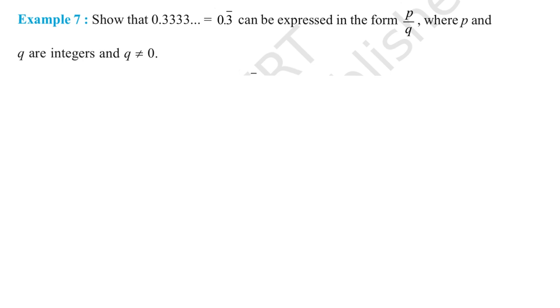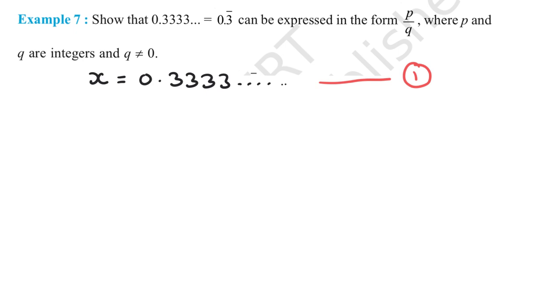Follow the steps. The steps remain the same no matter what the numbers are. So the first step, let x be equal to 0.3333 and so on. Let us label this equation as 1. Okay? That is our first step.